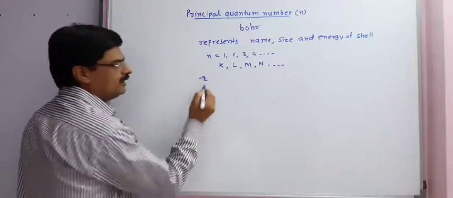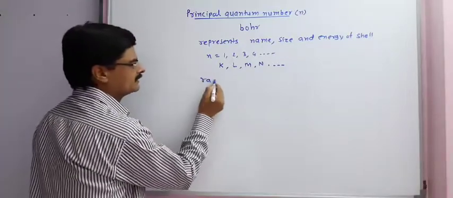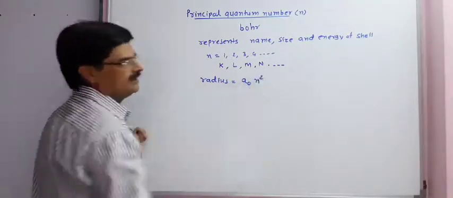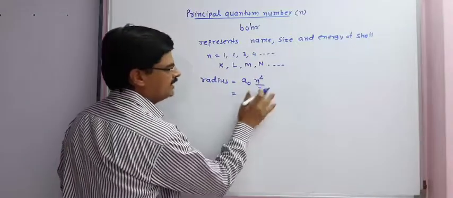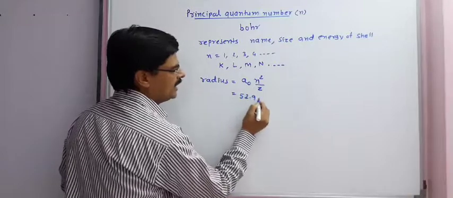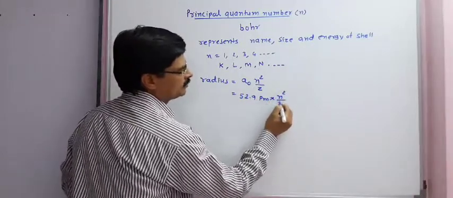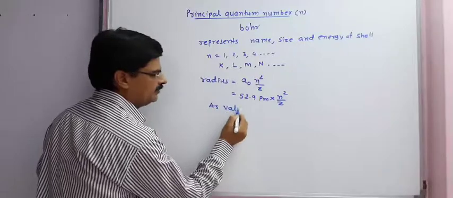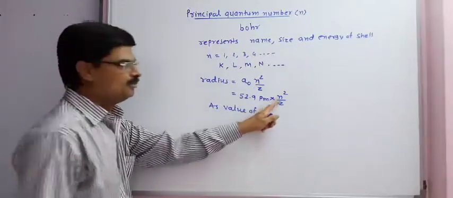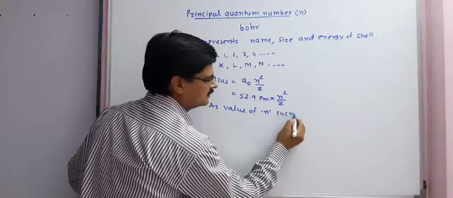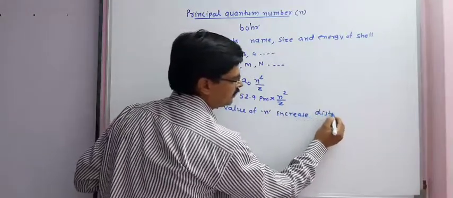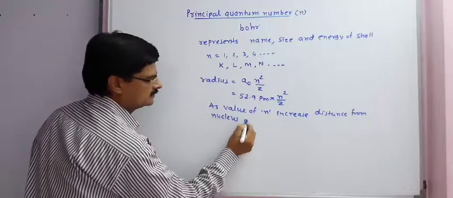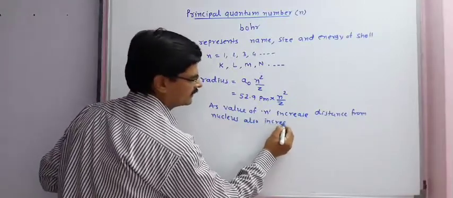Now, as we know the formula for radius is equal to a0 n square by Z, where a0 is equal to 52.9 picometer, into n square by Z. So we can say as value of principal quantum number n increases, distance from nucleus also increases.